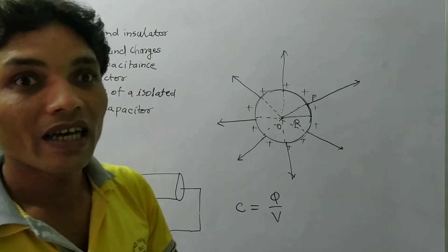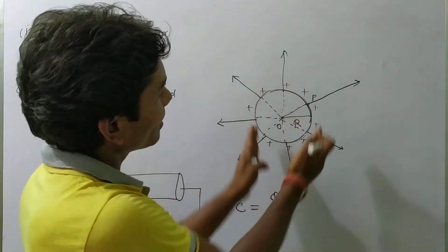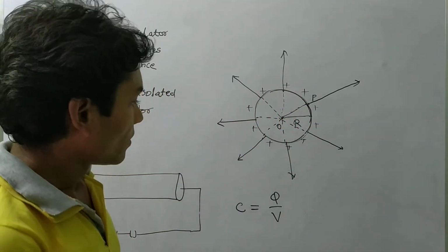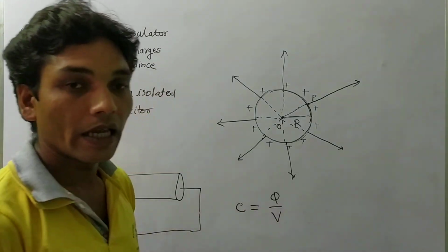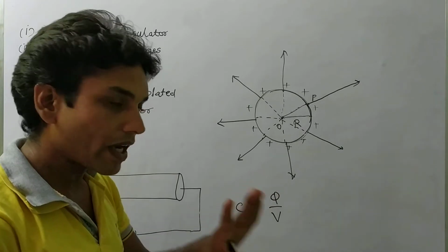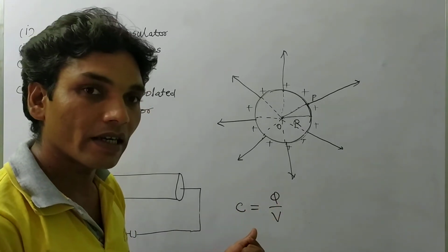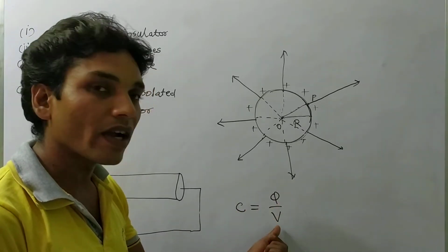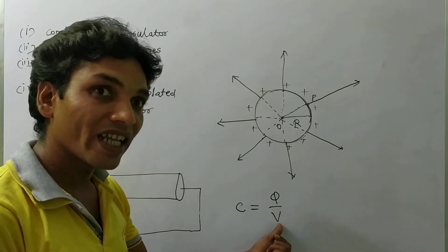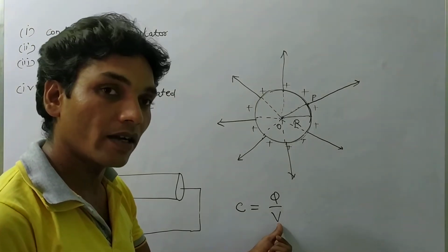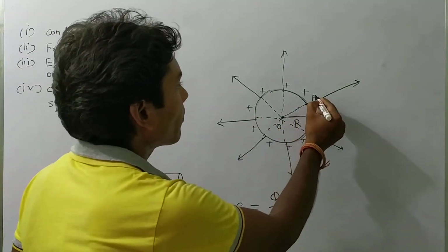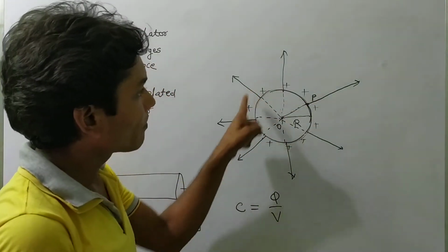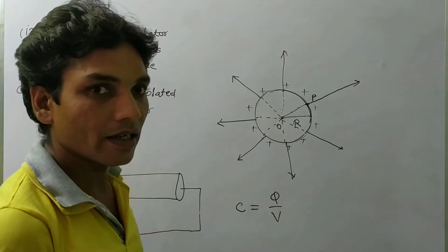Now we have to find the electrical capacitance of this spherical conductor. So here this is the formula, and for finding the capacitance of the conductor, we have to firstly find V, the potential of the conductor. Now let this be the point P on the surface of this spherical conductor.